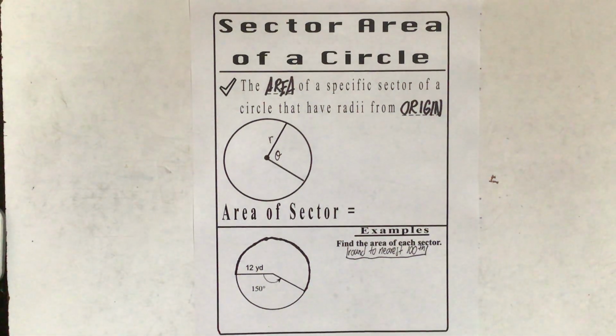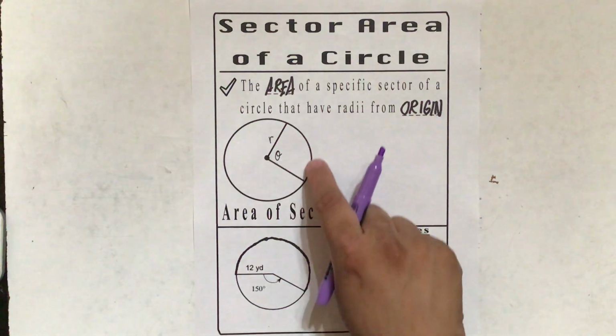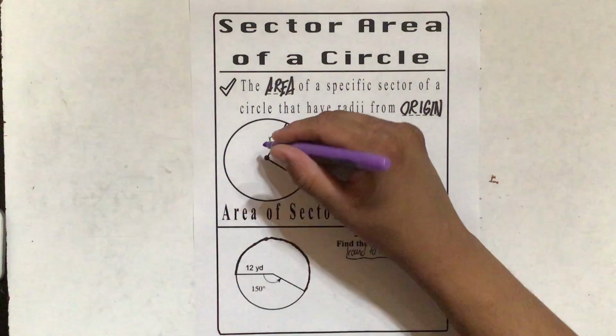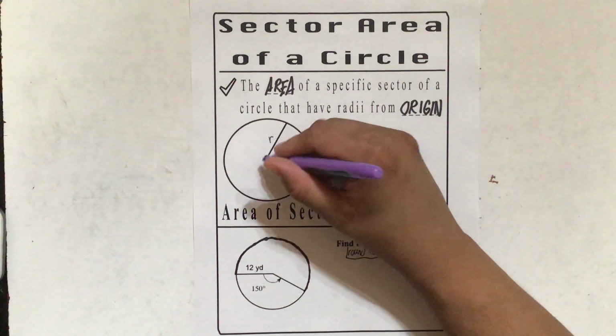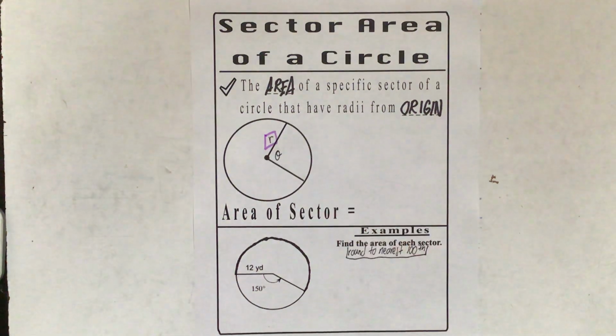Now these two look familiar because they're the same two that we used in arc length, which was how long the crust of the pizza is. But now we're going to know how much actual pizza. The radius is the distance from the center to the side, which is r. This distance is the same, also r, but we don't need to do it twice.